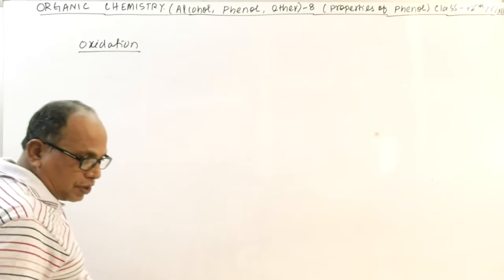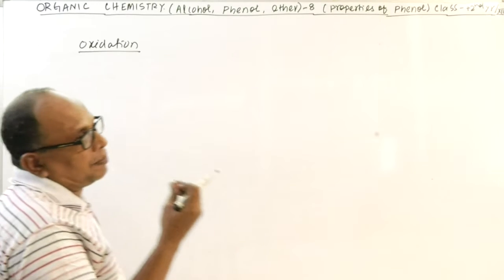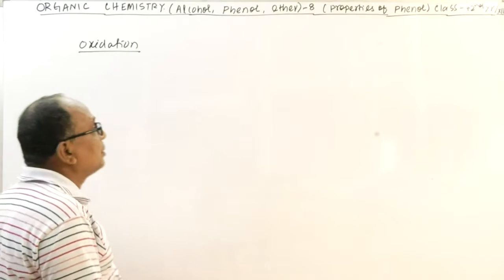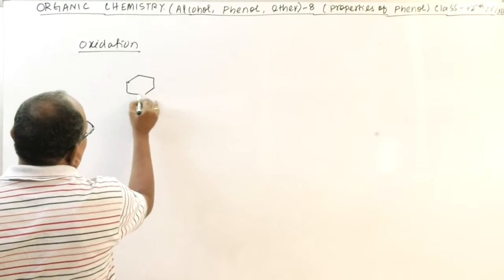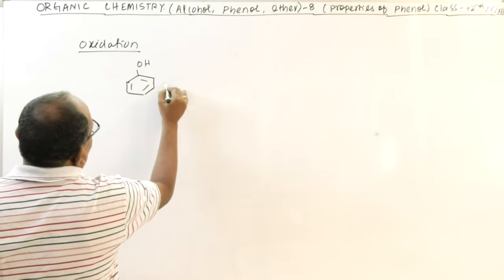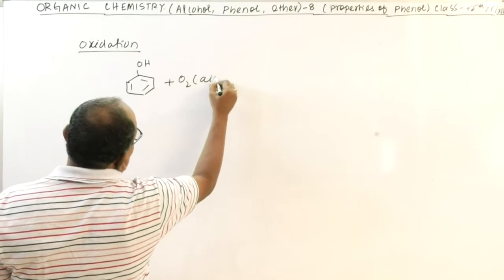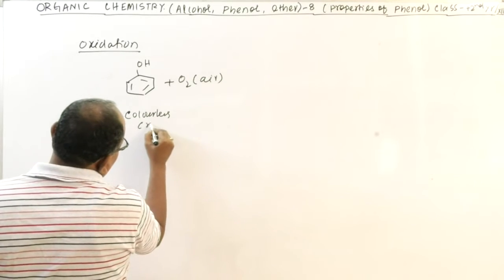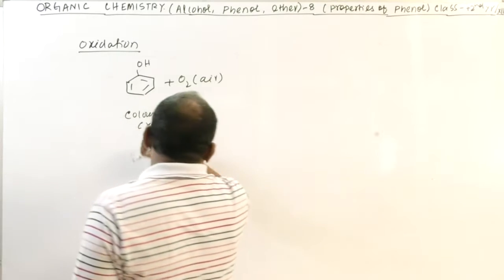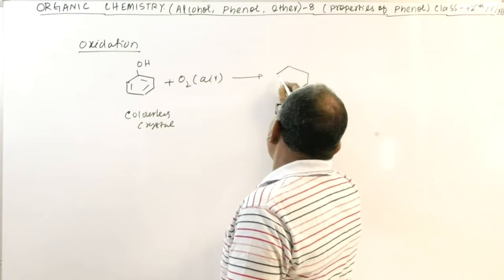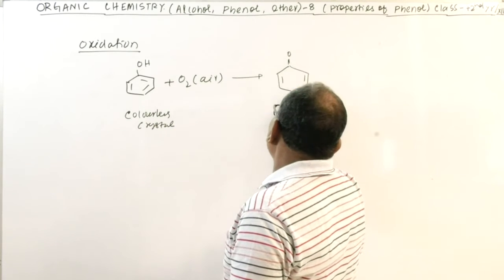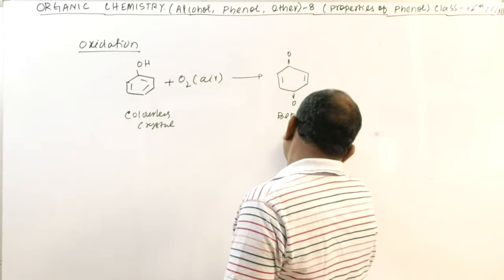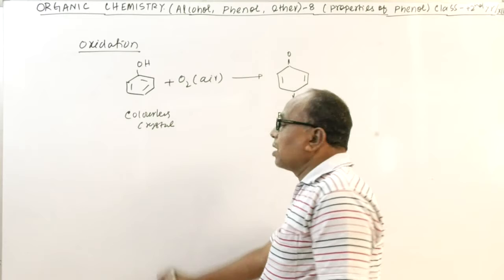Oxidation is the addition of oxygen, and oxidation takes place in two ways. One is called aerial oxidation, when phenol is exposed to the air. Phenol, colorless crystals, exposed to air containing oxygen, forms a compound, benzoquinone, and this is brown in color.